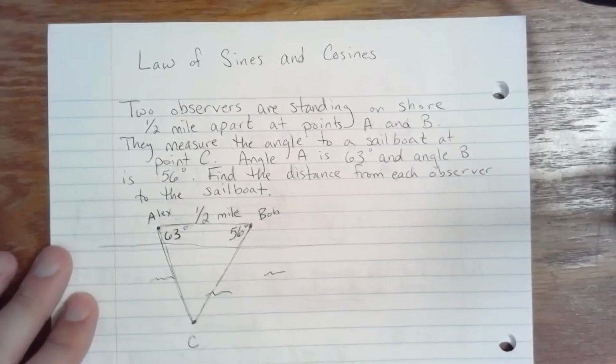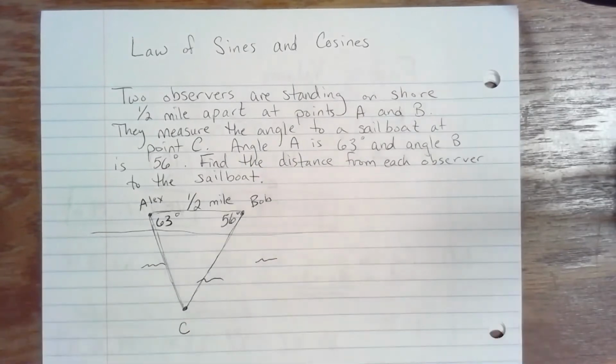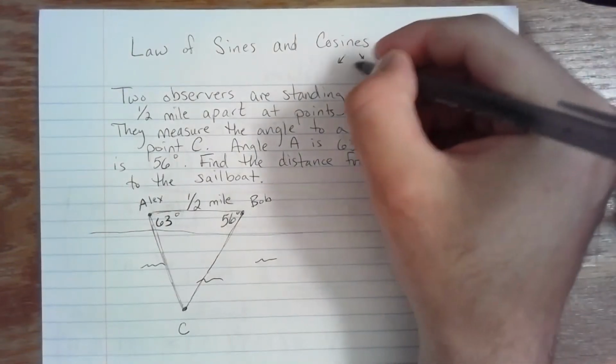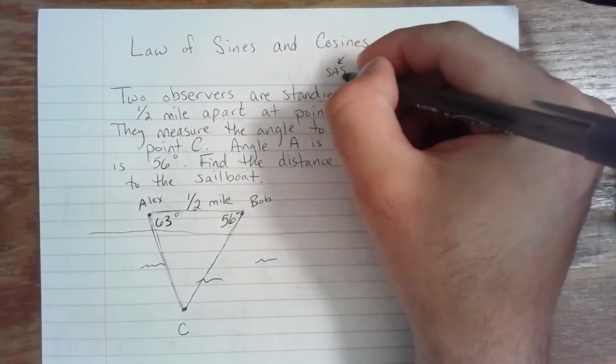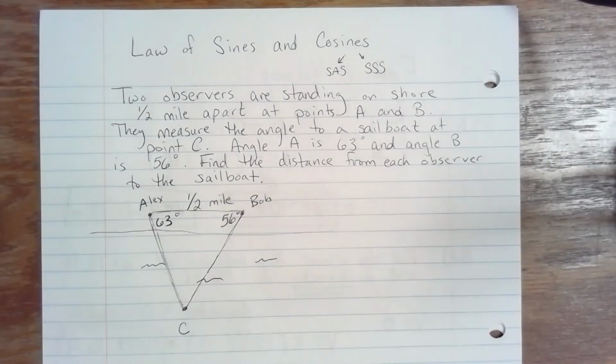What I want to do is identify which of these 2 things up here would be the most useful to work with. We've seen some law of cosines problems, but as I look at this one, I have my doubts about law of cosines, because there are 2 circumstances for law of cosines that we can use. Law of cosines has always provided us with help if we have side-angle-side or side-side-side as our 2 setup options.